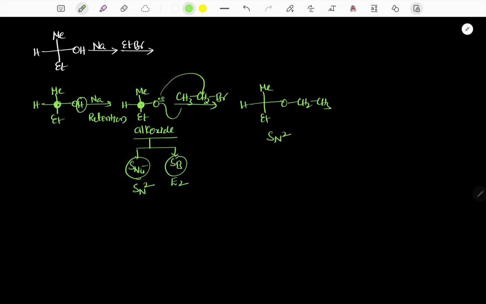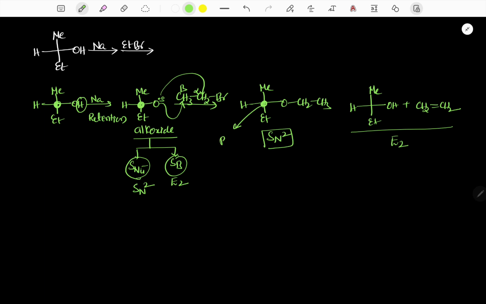Suppose the O minus removes the proton from the beta carbon, it gives the corresponding product, alcohol plus CH2=CH2, and it is an E2 example. Now here in SN2, this carbon's stereo is not changed. Therefore, with respect to this carbon, it is again retention.